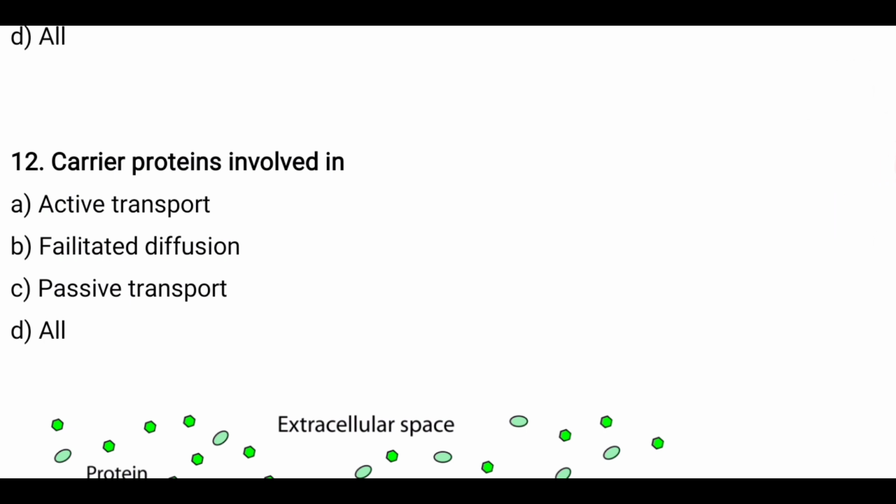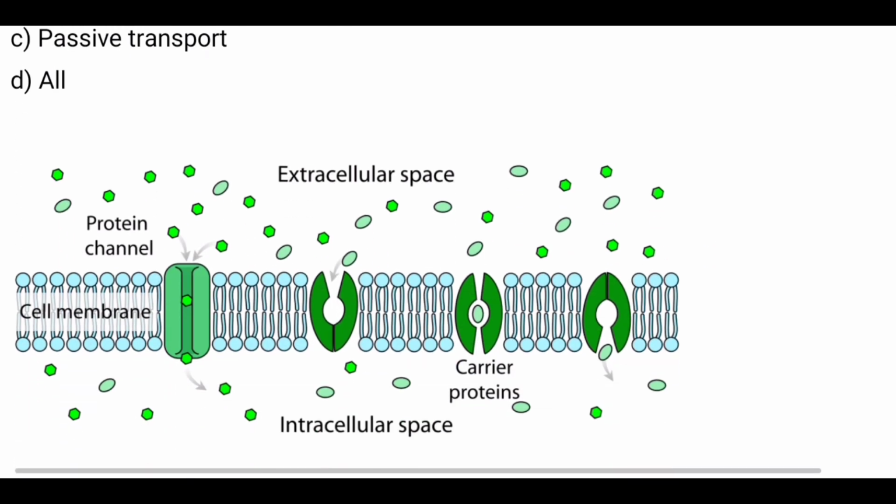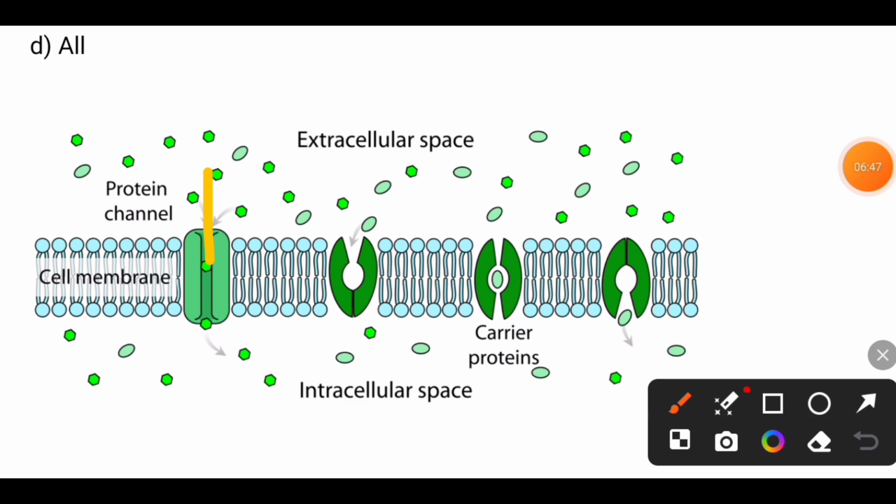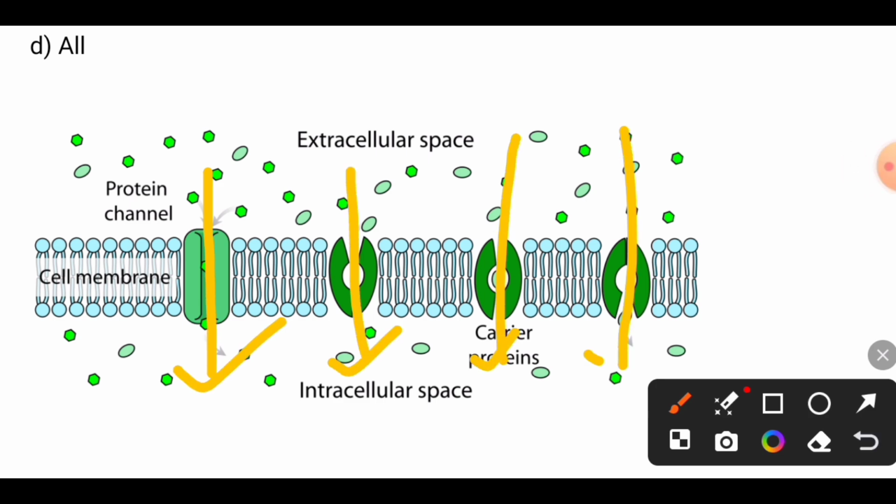Before going to the next question, you have to know what carrier proteins are. Actually, transport of molecules across the membrane occurs through the proteins only. I have already told you that. The proteins give the passage for the movement of molecules across the membrane. These are all proteins embedded in the membrane, that's why they are integral proteins.